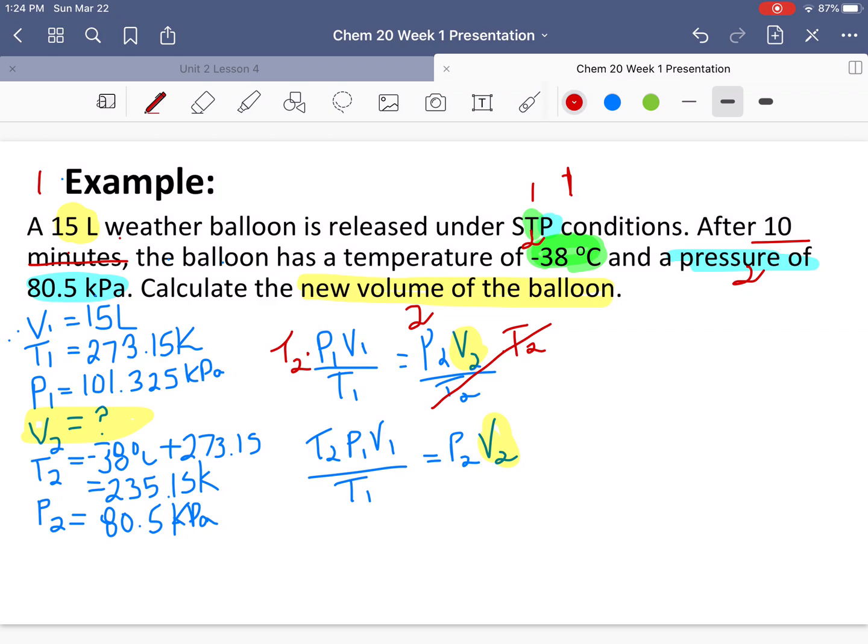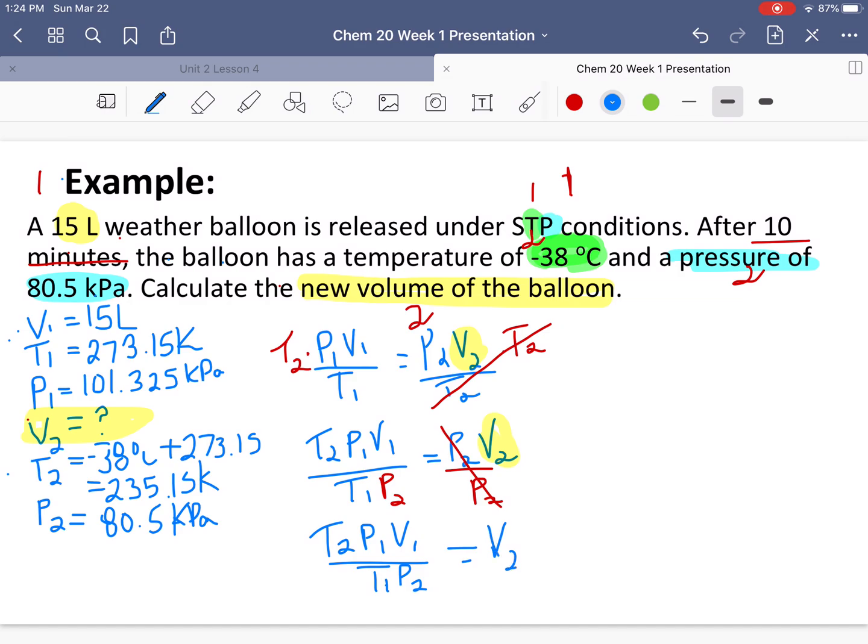Well, the second pressure. It's being multiplied by it. How do you get rid of something being multiplied? You divide. So divide by P2. What you do to one side of the equation, you do to the other. Those cancel out. Life is lovely because we have finally gotten to the point where our V2 is completely isolated and we can actually solve for it, which is perfect.